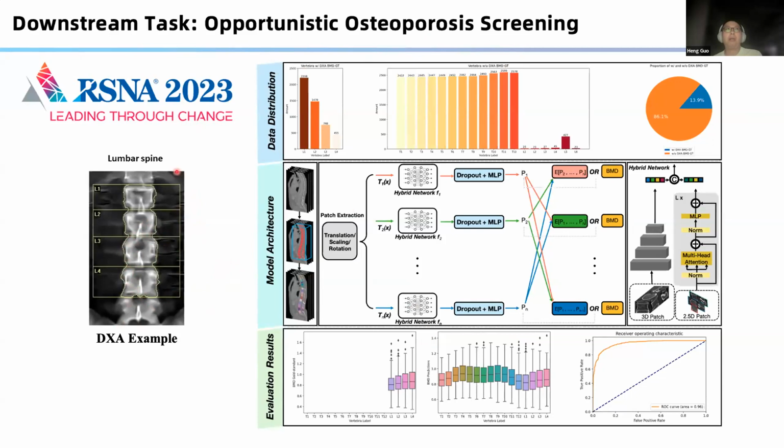However, for the lumbar spine, it can only report the results of lumbar L1 to L4. With the spine parsed by MICCAI, we can recognize which vertebrae have ground truth and which do not. Then a self-supervised solution is proposed to perform accurate BMD estimation, and we have achieved an AUC of 0.96 in a single center.